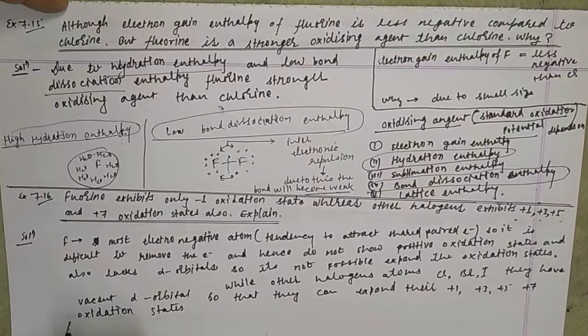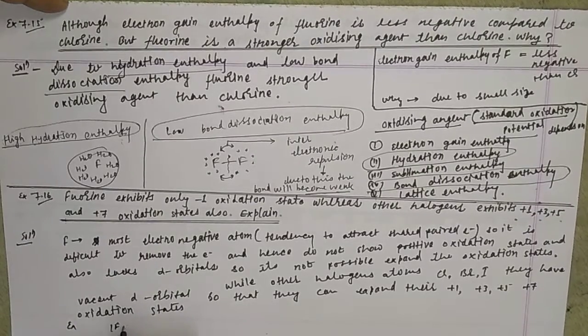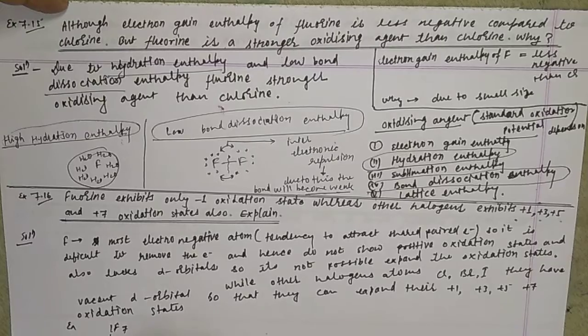For example, in IF7, fluorine is the most electronegative, so if iodine is X, then X plus 7 times (-1) equals 0. So X minus 7 equals 0, and X is equal to +7.